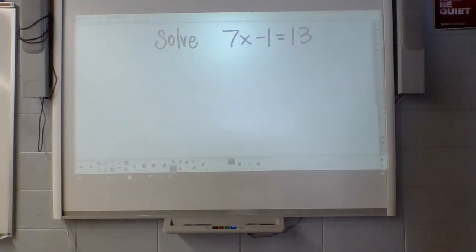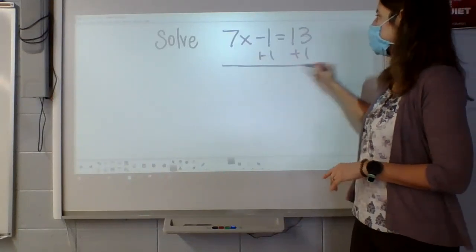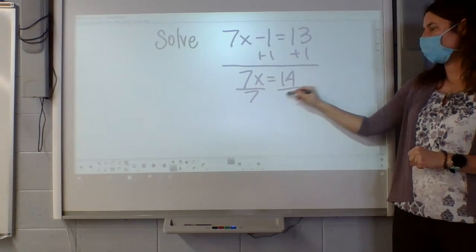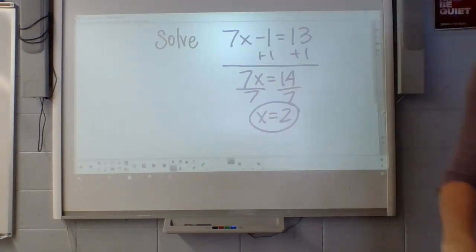Confidence back up again, hopefully. So we have to move that 1 over. So I get 7x equals 14, and then I divide by 7. So x ends up being 2. All right, let's throw a couple more up here.